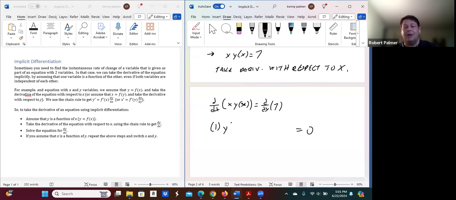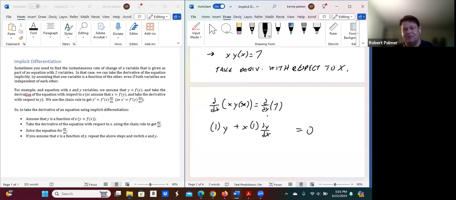Then plus x times the derivative of y. Since this is simply just a y, think of it like x is just x to the first power, the derivative of just something is that something. And then the derivative with respect to x is going to be dy dx.